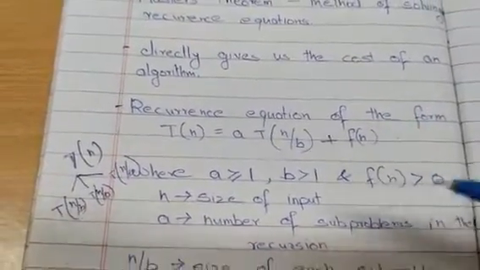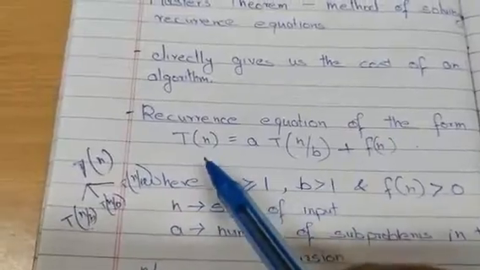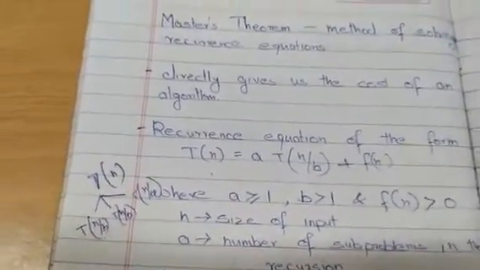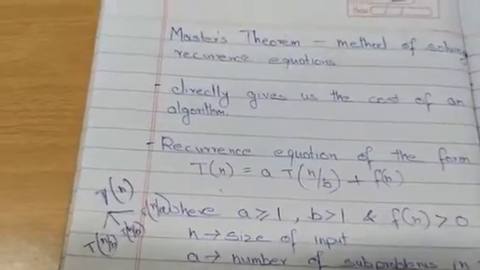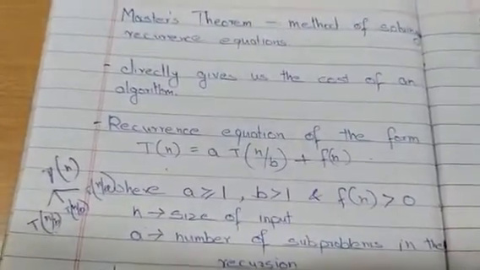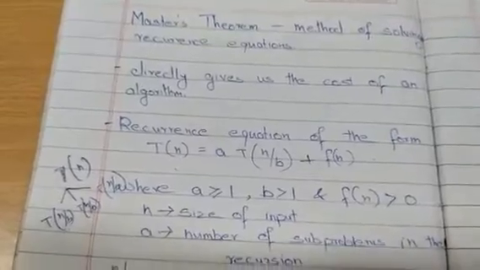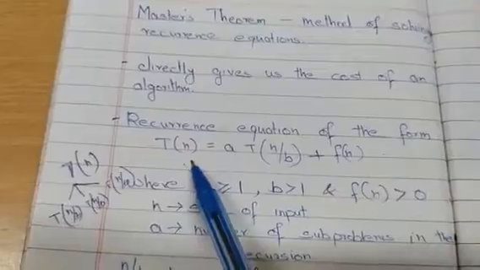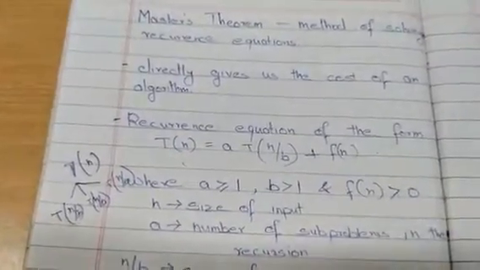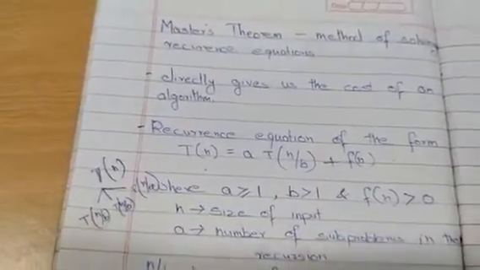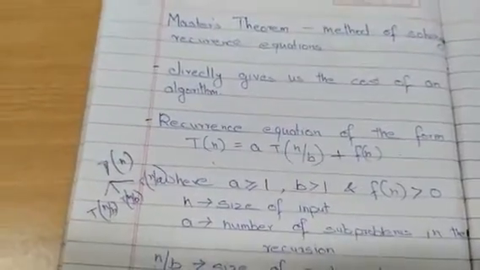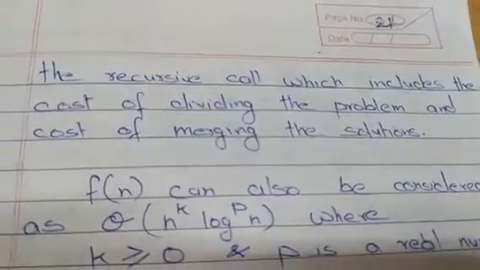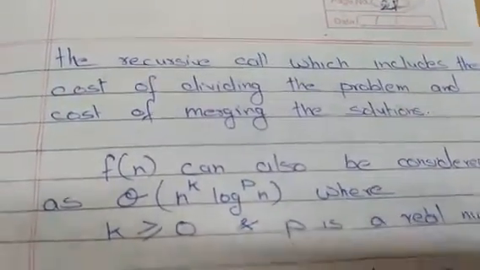Now, this n/b will be put instead of n in this equation and the next level will be found out. Try to recollect what we had done in the iterative as well as in the recurrence tree method. Similarly, ultimately to find the value of T(n), these divided values should all be put back together, combining each and every solution to get the final answer. That is what this means: the cost of dividing the problem and the cost of merging the solution.